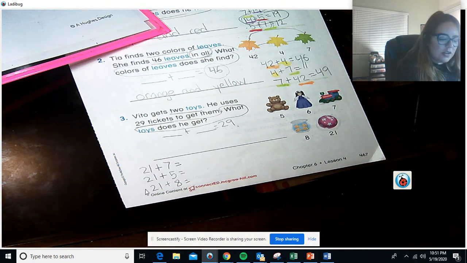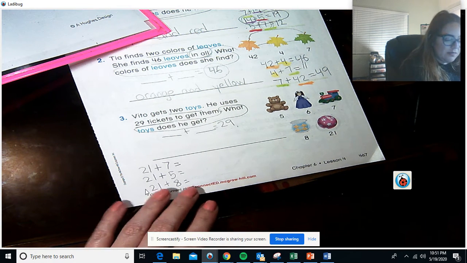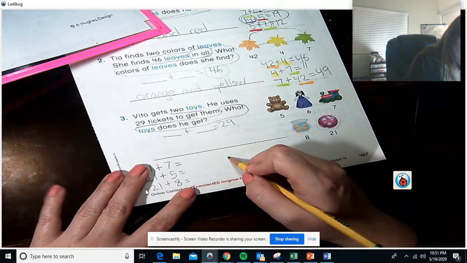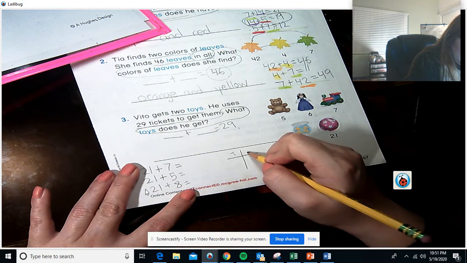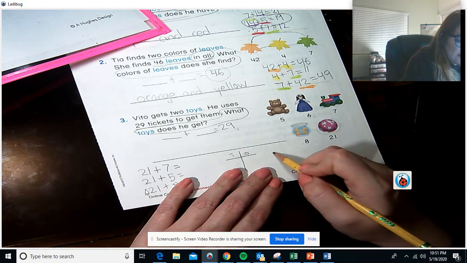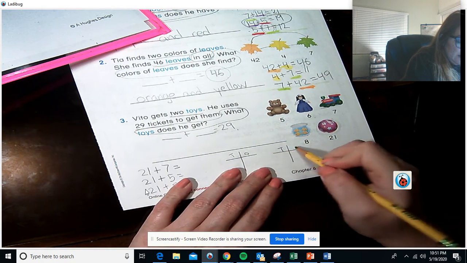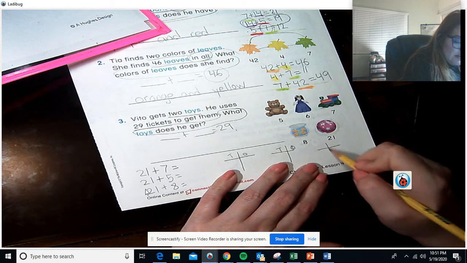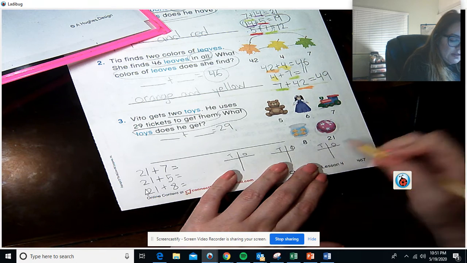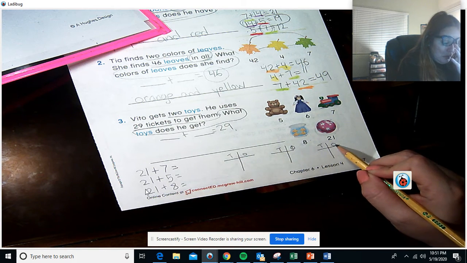So the strategy that I'm going to use for this one, I'm going to use my T-charts, okay? These are my 10s, these are my 1s, 10s, 1s, 10s, 1s. I use a 0 for 1s, right?